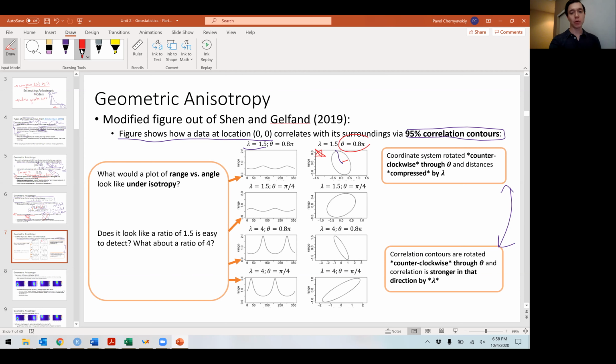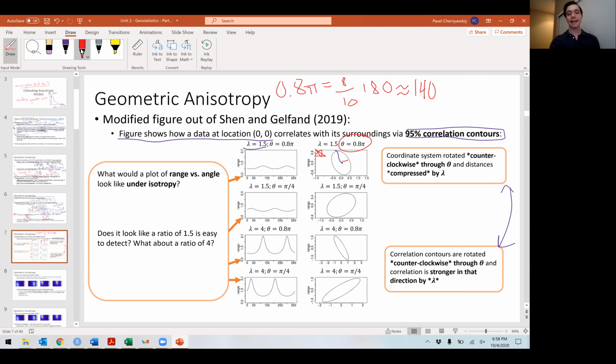Our angle, 0.8 pi in terms of degrees, is basically 8/10 of 180 degrees, which is around 140 degrees, because it's 8 times 18, maybe 146 or so degrees.